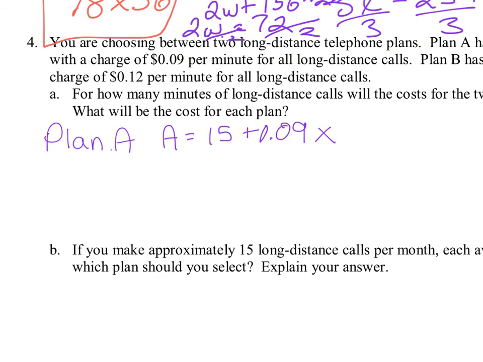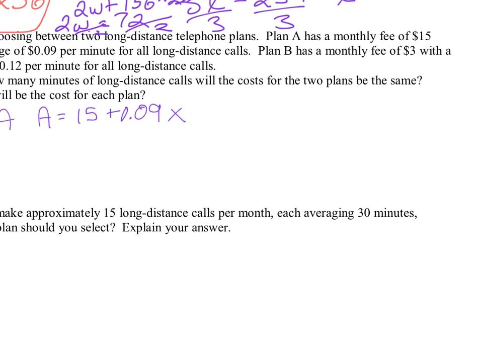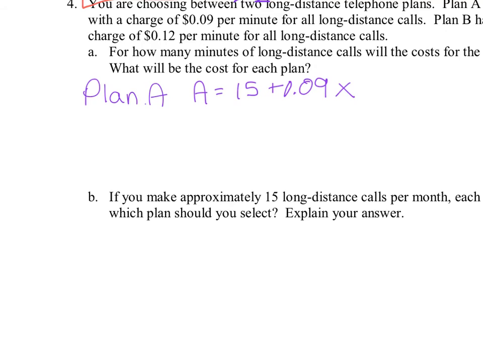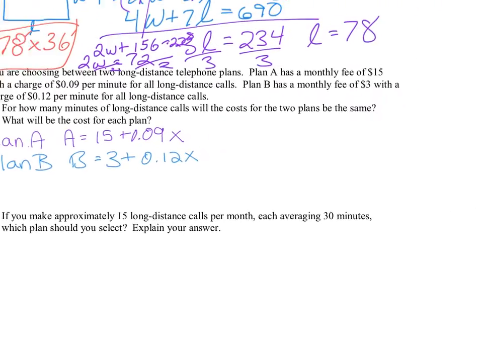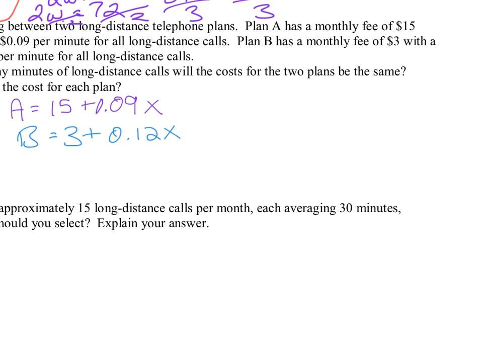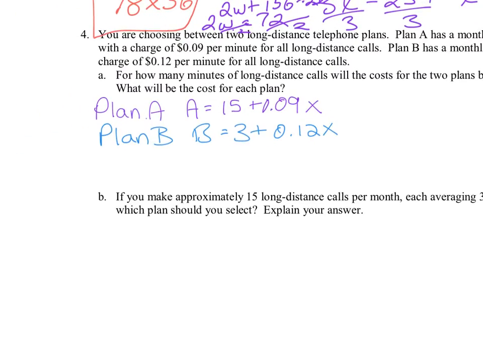Okay. And Plan B has a monthly fee of only $3. We're going to change colors for Plan B. $0.12 per minute. How many minutes of long-distance calls will the costs of the two plans be the same?